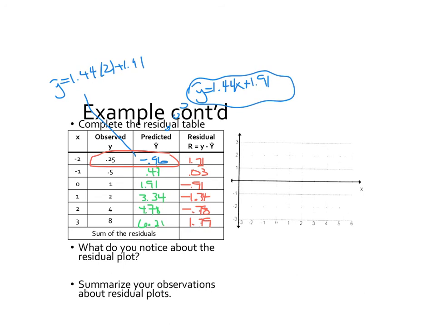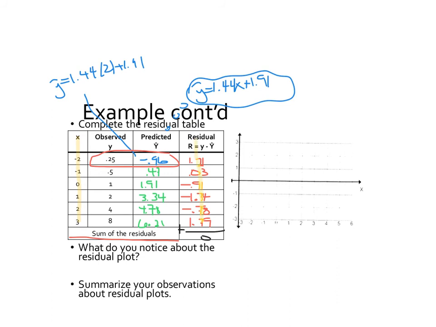Now remember we have this column that says the sum of the residuals. All you're going to do is take those residual values and add those together, and they should give you 0. Now remember, next thing we'll do is take our original x values and graph with its residual values.